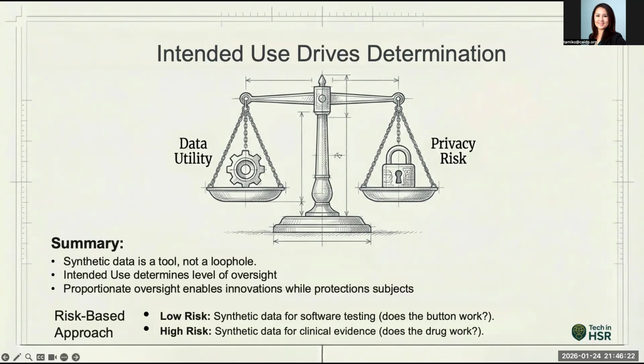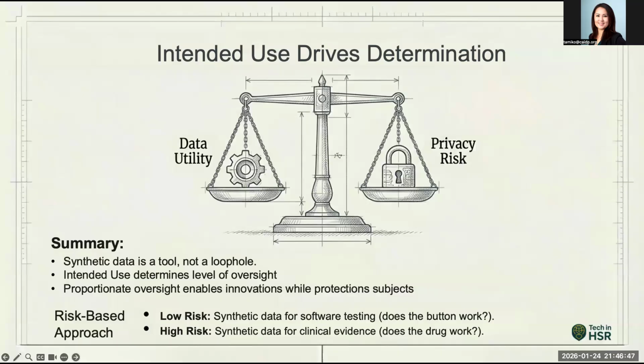And so labels alone are not going to be enough to make oversight determinations. What I mean by that is just whatever the PI says is not enough. We actually have to have all of this documented, look at the context of the study, look at the substance. Proportionate oversight doesn't mean no oversight for low risk uses.